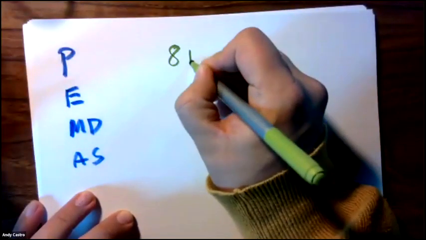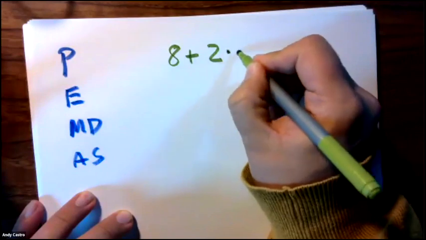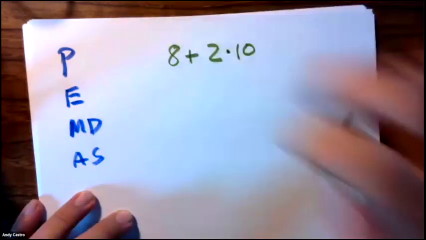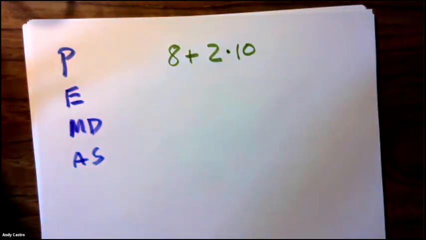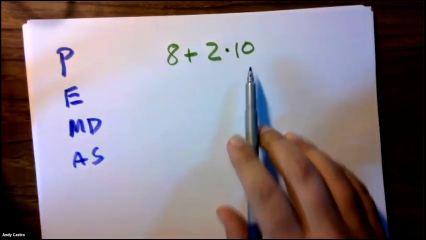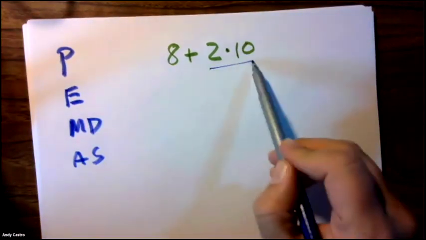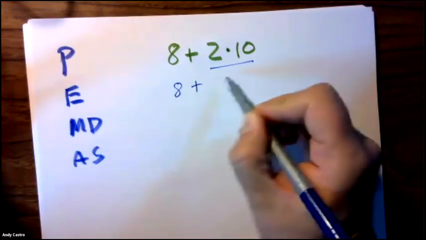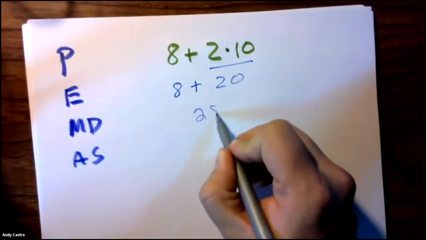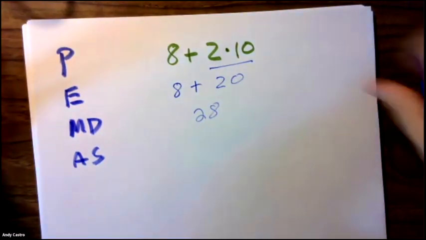You guys do it on your own. I'll give you just a few seconds to do it on your own, and then I'll give you what the answer is. All right, so go ahead and work that out on your own. All right, so here we have addition and multiplication, means we do the multiplication first. And the answer that you should have got was 28.